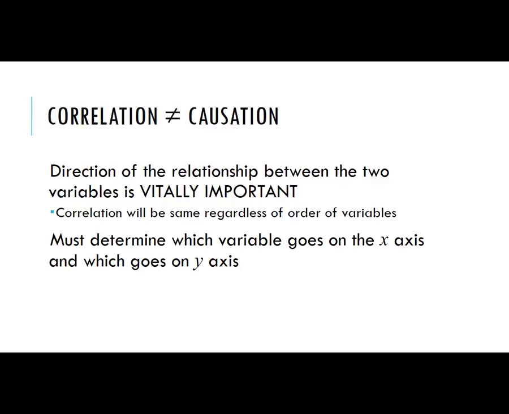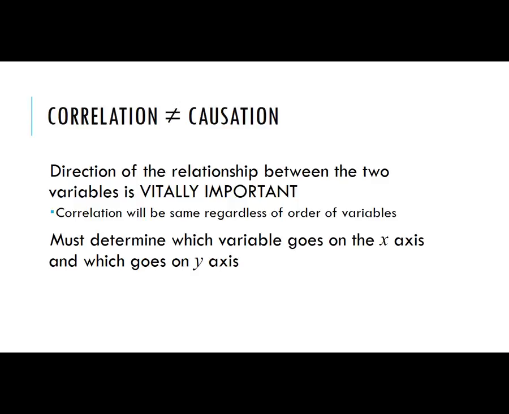And the direction of the relationship between the two variables is vitally important. You must get this right or you will not do well. Correlation will be the same regardless of which order you put the variables in. But if we want to start to use it for inference, like we're going to very shortly, then we need to know which one is the X and which one is the Y.